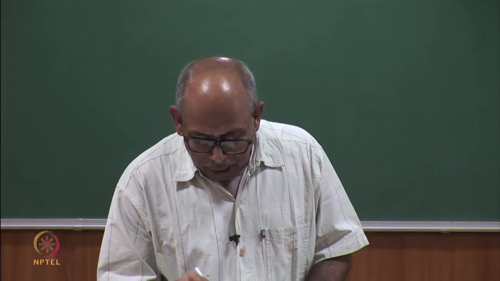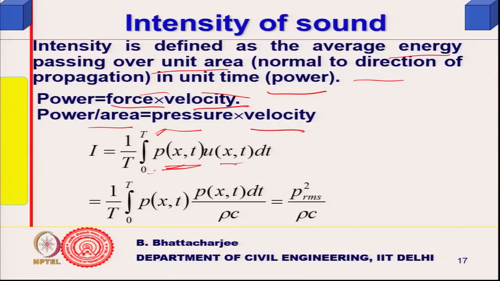Since it is periodic, it will vary from 0 to T, and p times u, pressure into velocity, will give me the power. 1 by T will give me what we call intensity. So, intensity is the average energy per unit time per unit area in a medium.